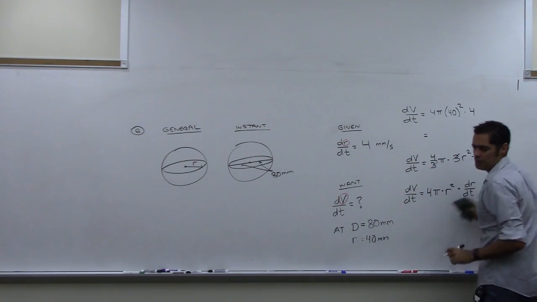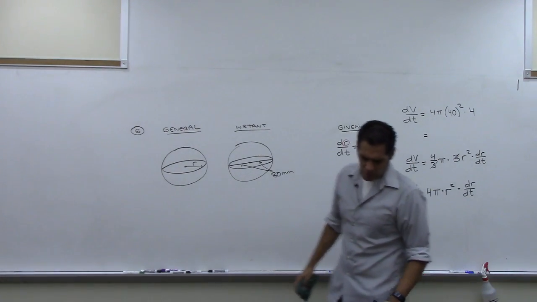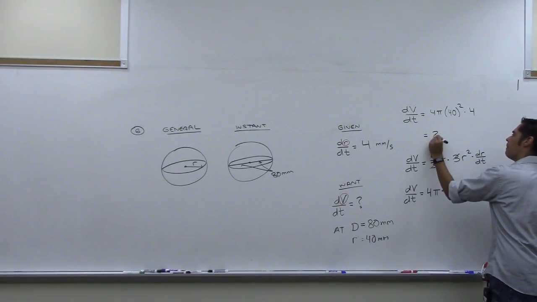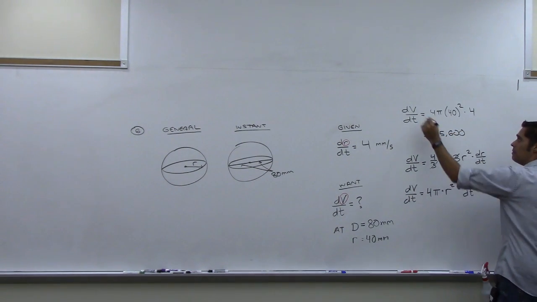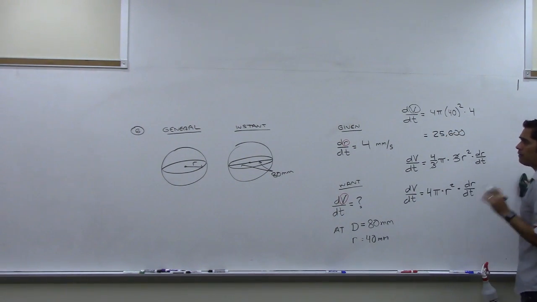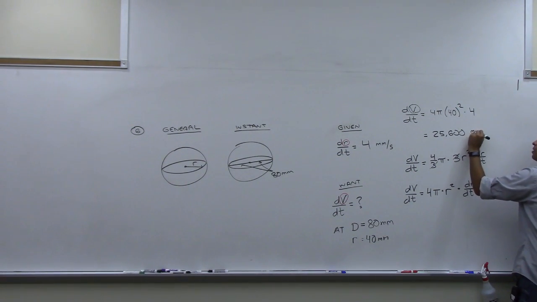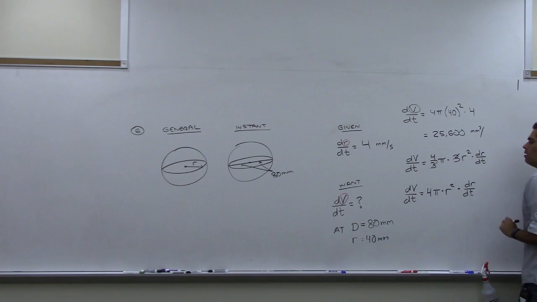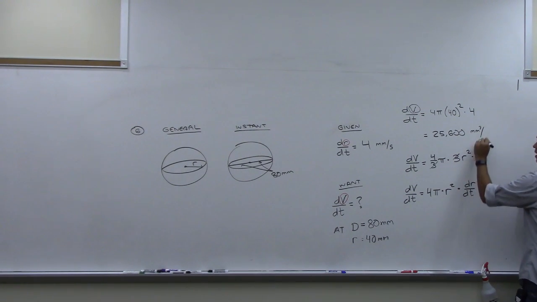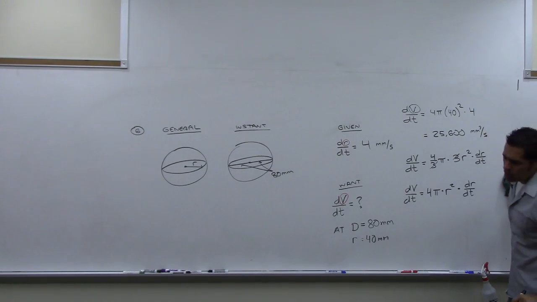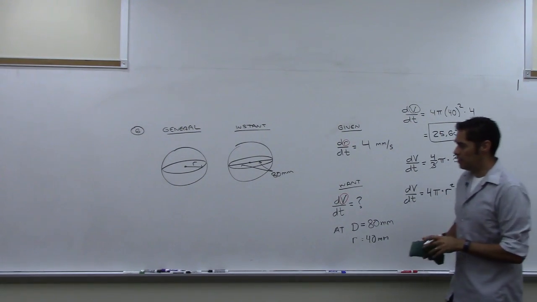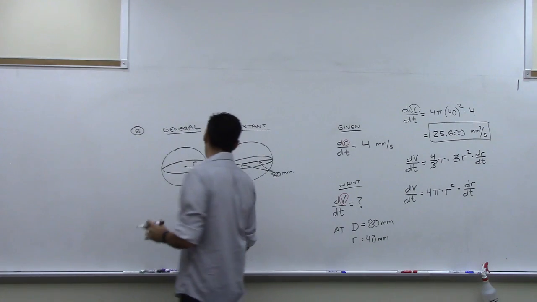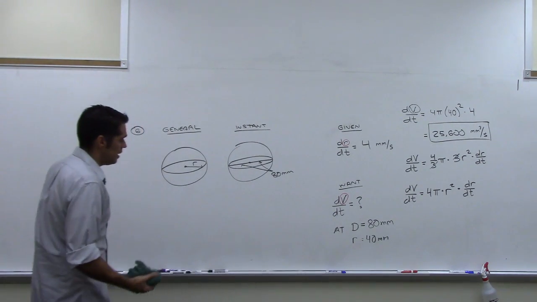If you do this, you get 25,600. The units will be the measurement of volume, cubed, so cubic millimeters over seconds. That's the rate at which the volume is increasing at exactly the moment the diameter is 80 millimeters.